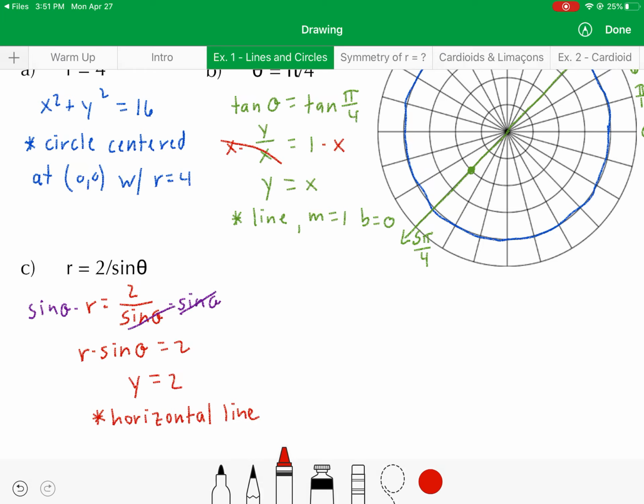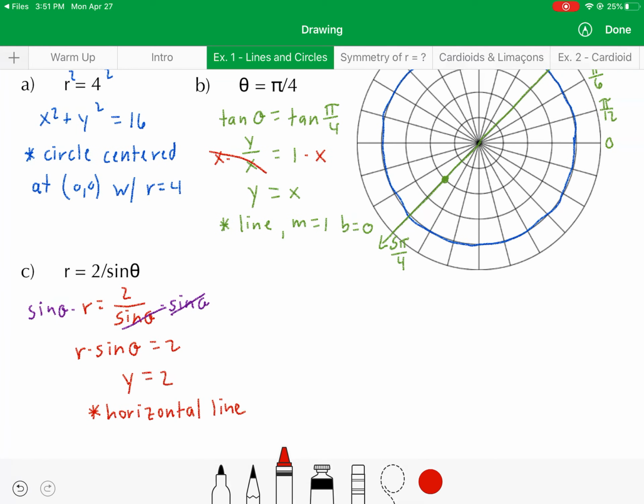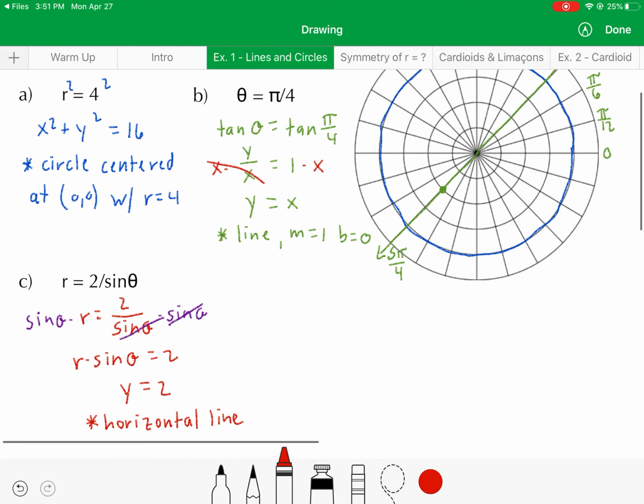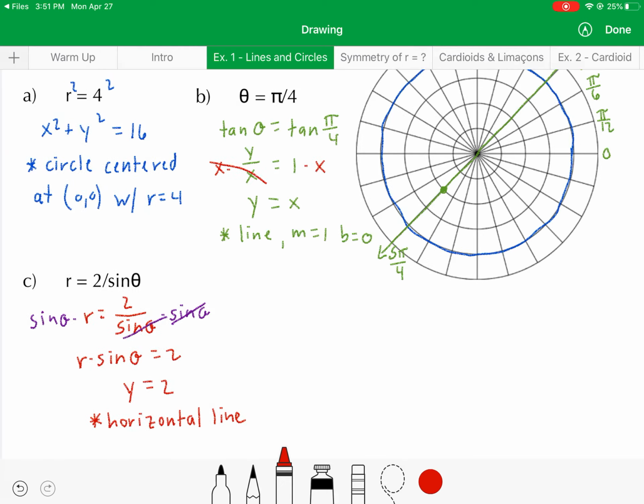Okay, so now the question becomes, how do we graph a horizontal line in the polar coordinate system? Well, the line is just going to look tangent to the circle whose radius is 2, okay?